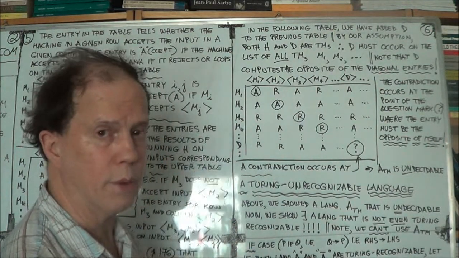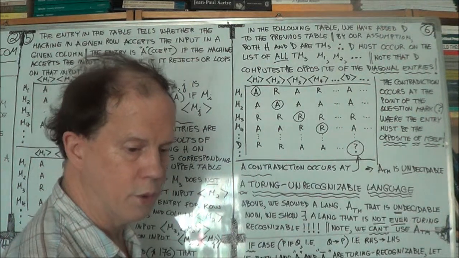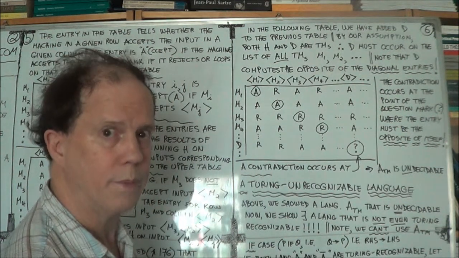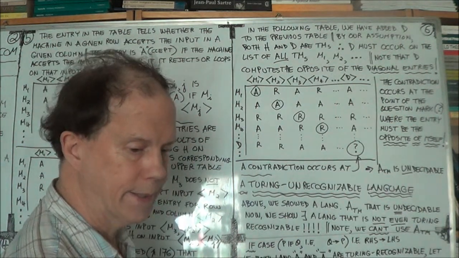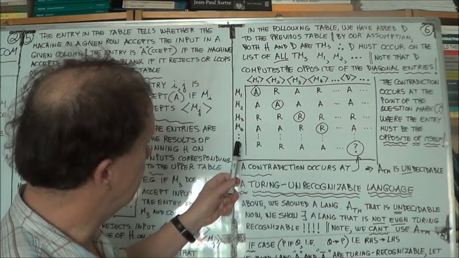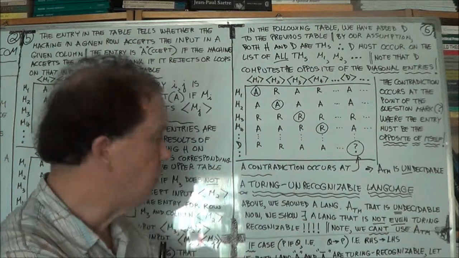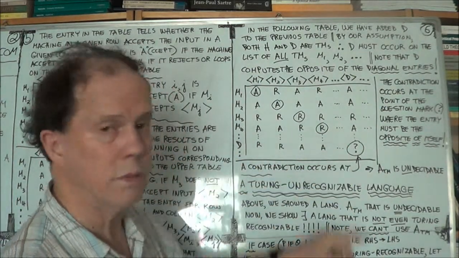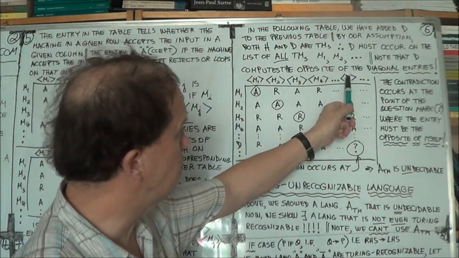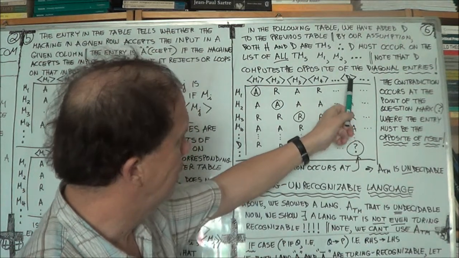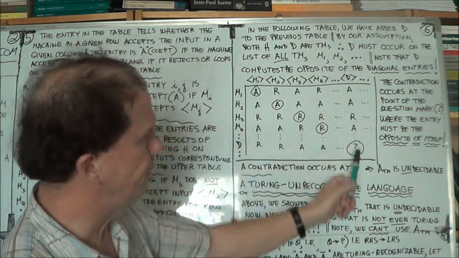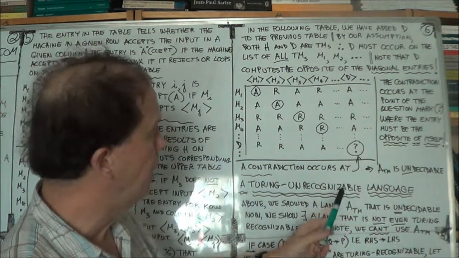And we proved that before, that the set of all Turing machines is countable. Okay. Now, since D is a Turing machine, it will have its row, right? And the description of D, it'll have its column, right?